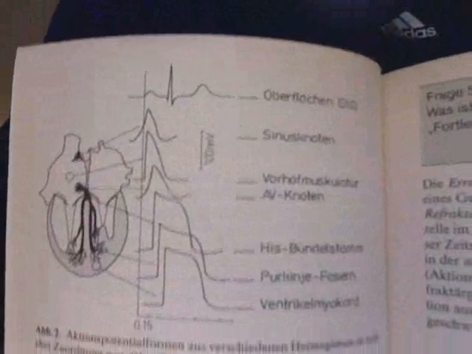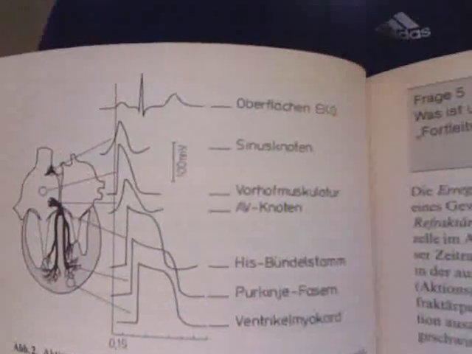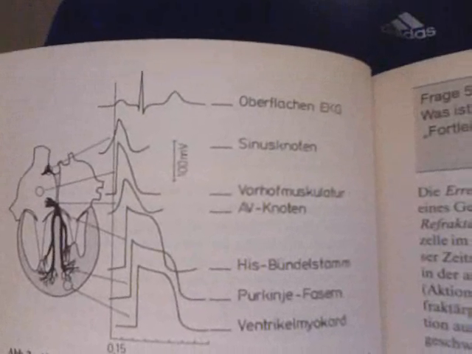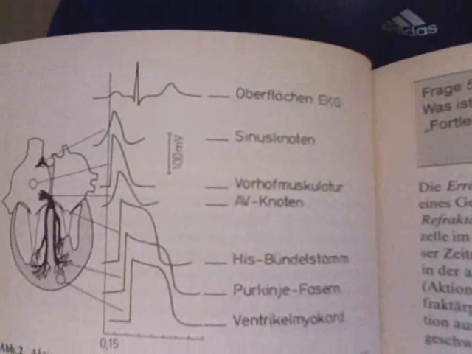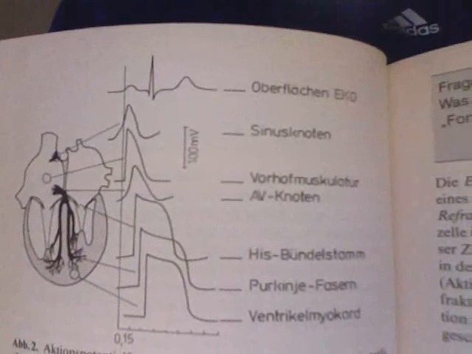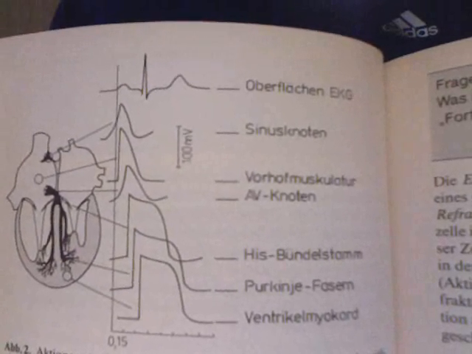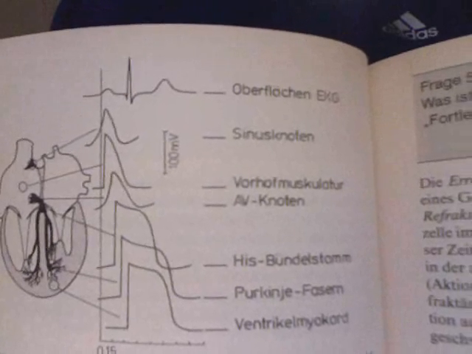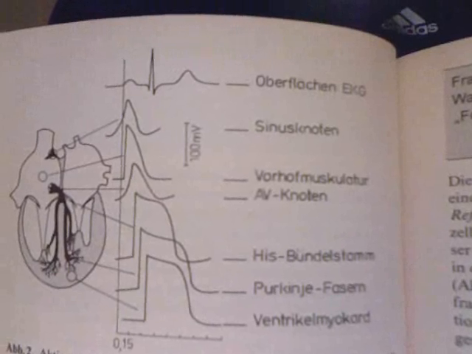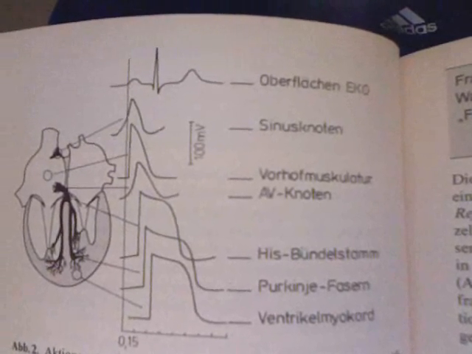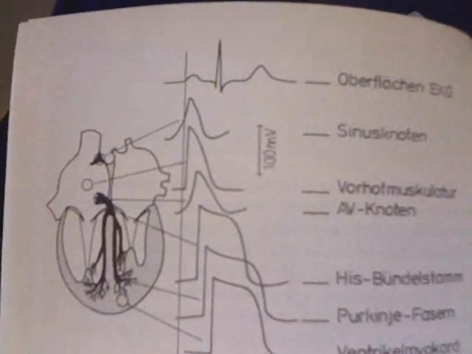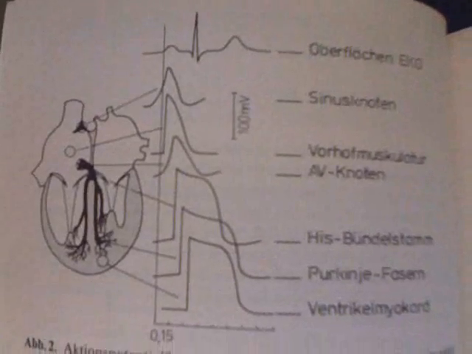If we follow down from the Oberfläche EKG, once again, our German lesson, surface EKG, down to the SA node, or the Sinusknoten, then the Vorhofkammer Muskulatur, and that is the atrial muscle, the AV node, or the Knoten, and you can follow over to the heart and see exactly where those are.